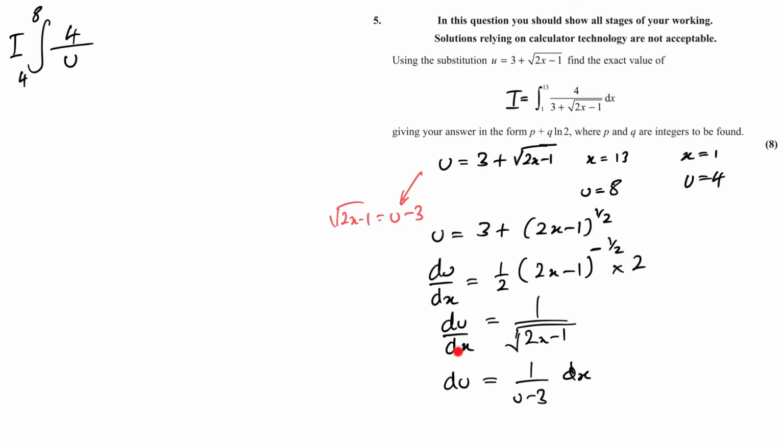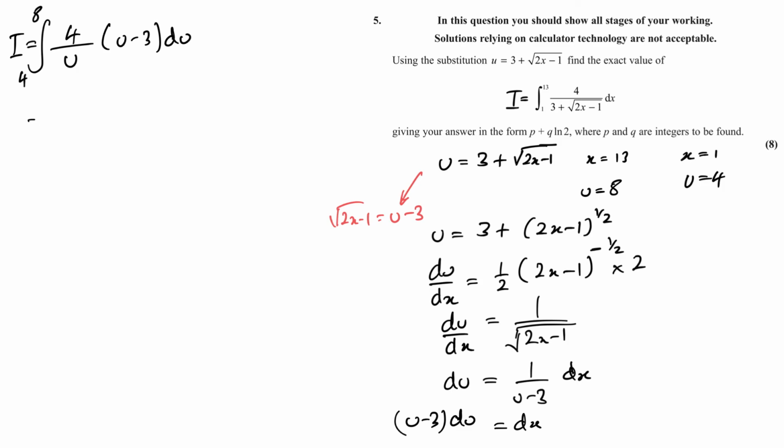What I've done here is multiply by dx and swap the root with u minus 3. Then I need to multiply up, so dx equals u minus 3 du. And that gets substituted in over here in place of this dx. So this is u minus 3 du.